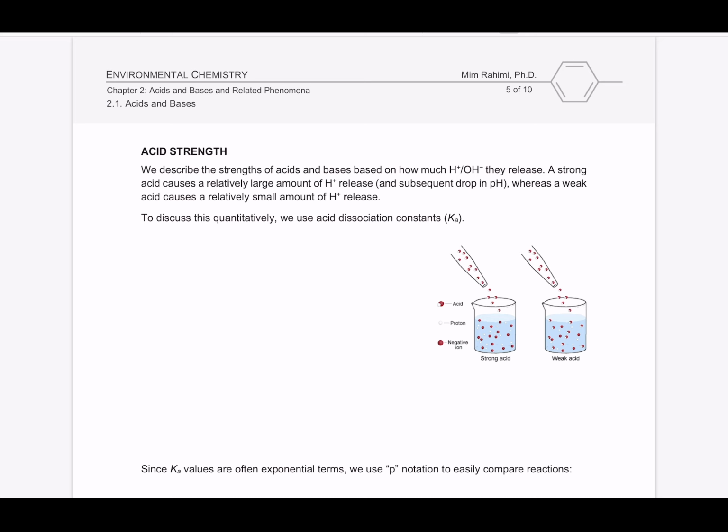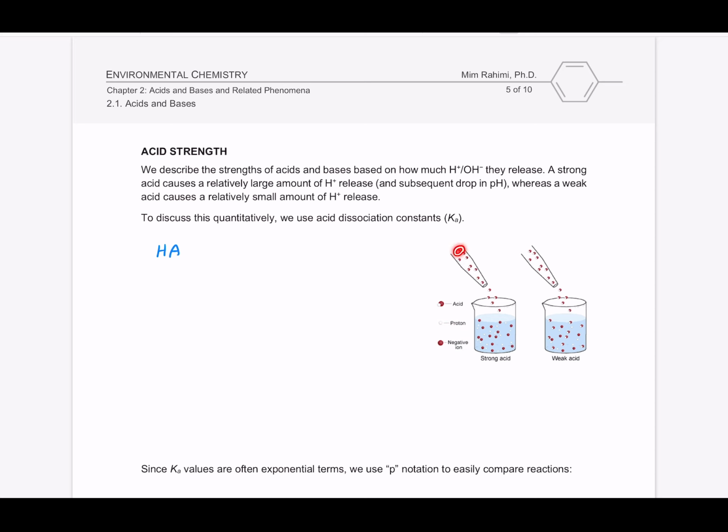So here, I'm not sure if you can see it, but this is basically a sample molecule. This is HA, a common terminology that we're going to use over and over. In HA, A is the conjugate base, H is the proton. So let's assume this is HA. You see this is a proton, and then this is the negative ion.